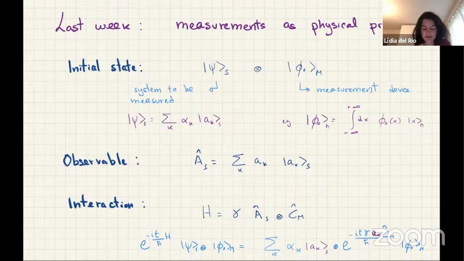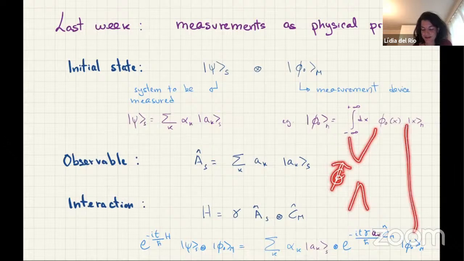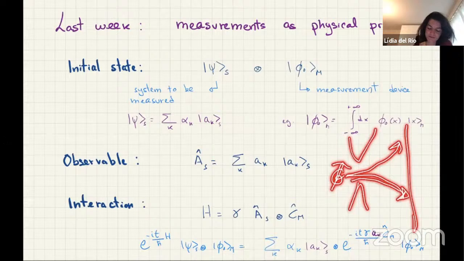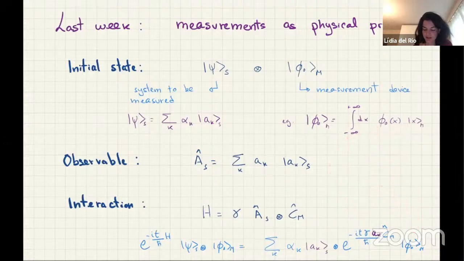For example, in the Stern-Gerlach experiment, where you couple the spin of the electron to the position, you could tune the strength of your magnetic field such that the final impact on the screen, so the position that you'll measure of the pointer, instead of being very separated for spin up and spin down, they're actually very close together. So this is just some constant that we can tune later.